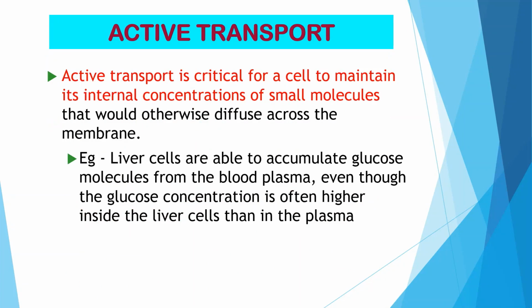Active transport is critical for a cell to maintain its internal concentration of small molecules that would otherwise diffuse across the membrane. For example, liver cells are able to accumulate glucose molecules from the blood plasma even though the glucose concentration is often higher inside the liver cells than in the plasma.